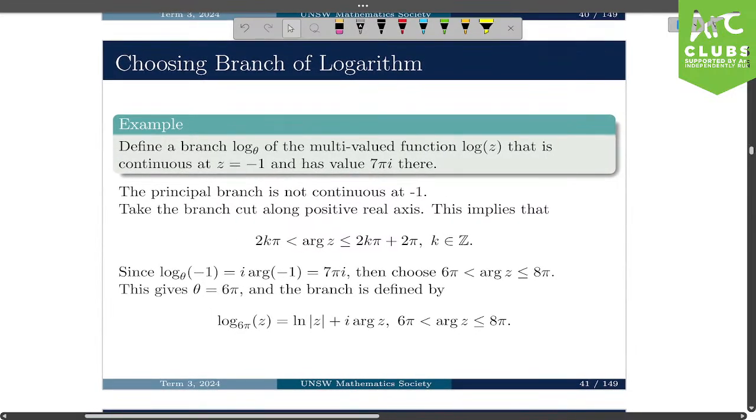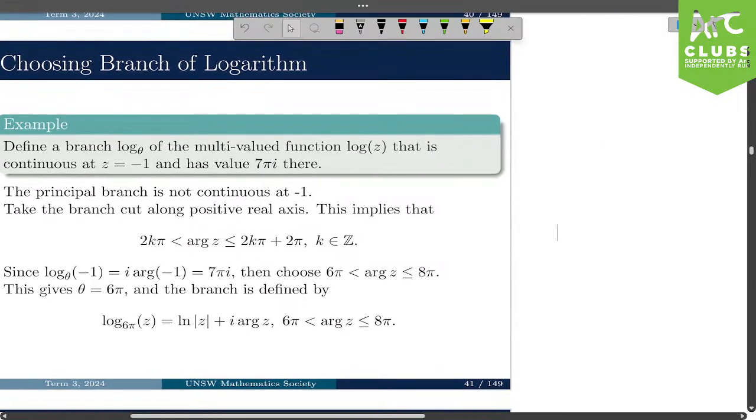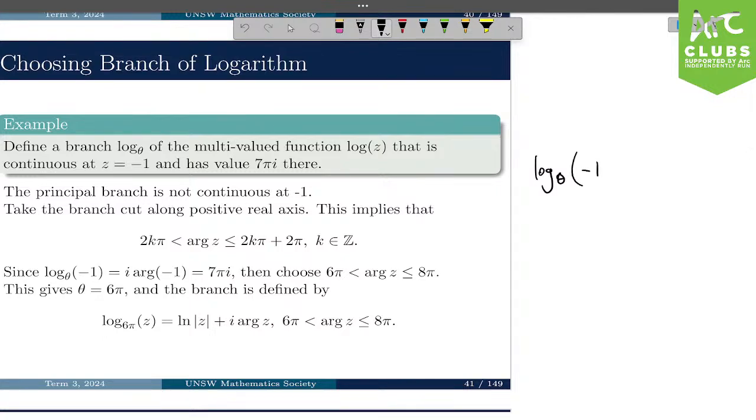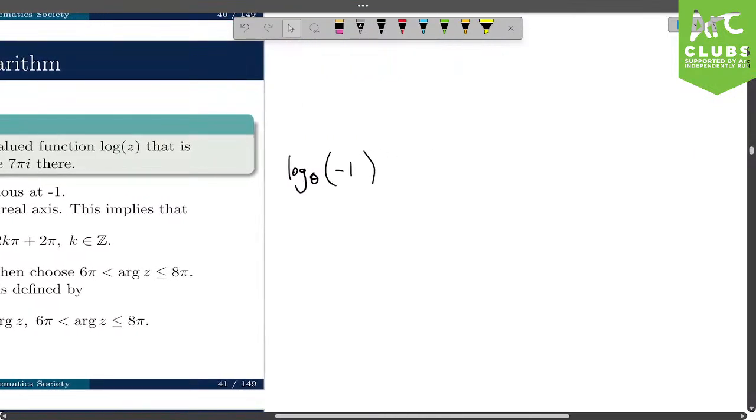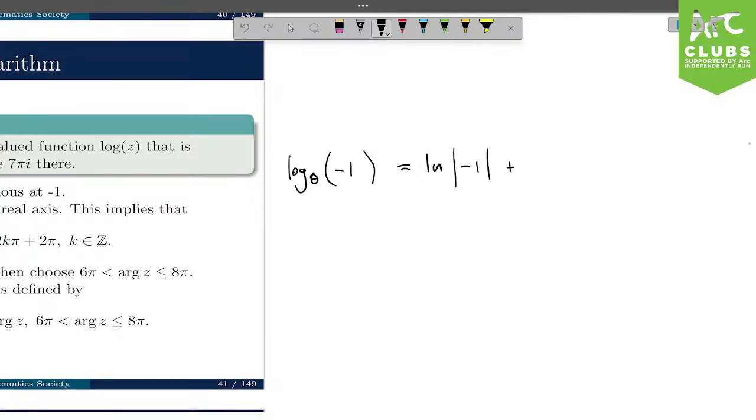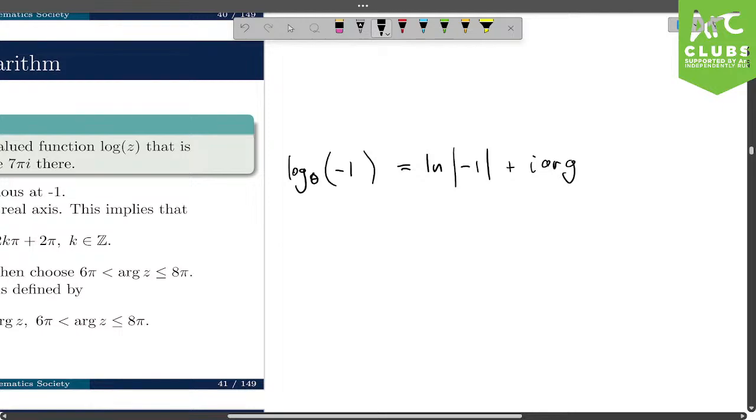So let's just write this out. We're asked to evaluate at minus 1, which would be equal to natural log of the absolute value of minus 1 plus i arg theta of minus 1.